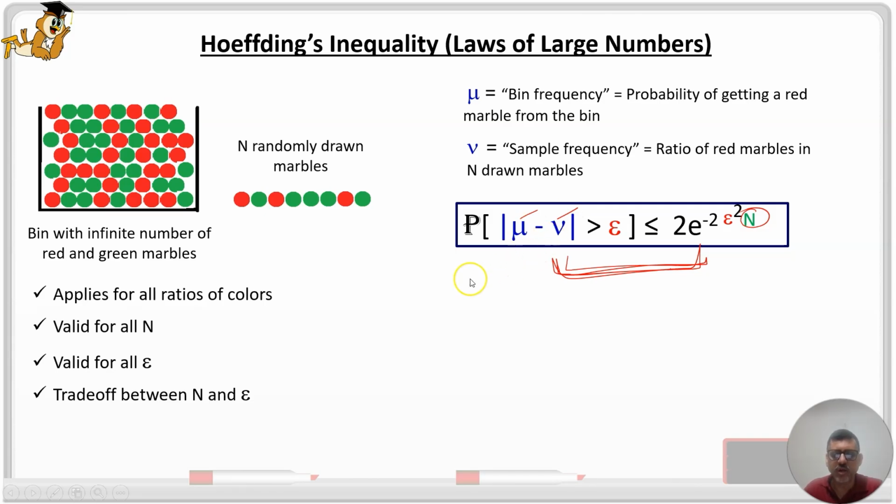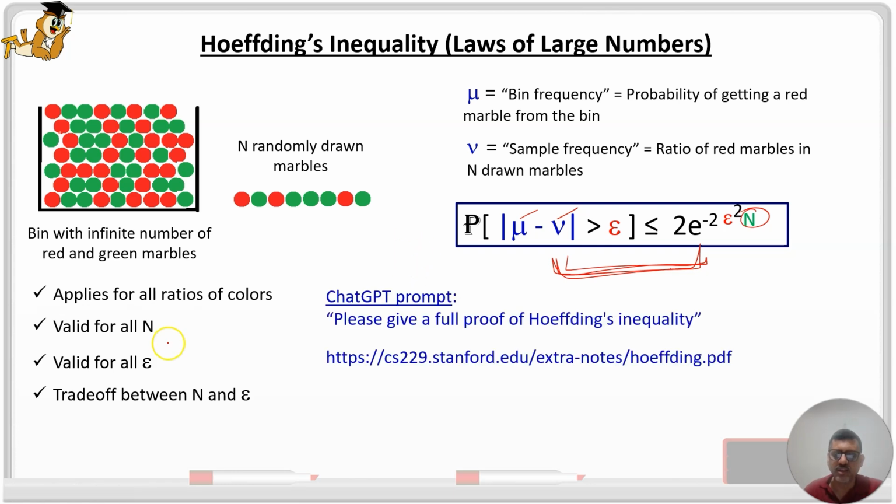And if you wanted to use the result, like I said, this result is from probability theory, and it could take potentially a few hours to explain this. But since this result is borrowed from probability theory, let me just give you some references. This is a link. I'll put this link in the description of the lecture as well. This is a link where Hoeffding's inequality has been proved.